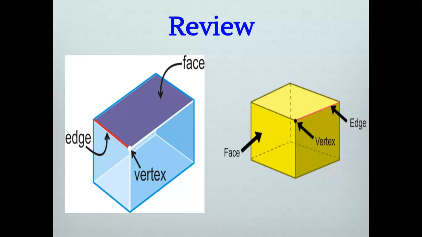So, just to review, faces are the flat surfaces of a 3D shape. Edges are where the two faces meet. And a vertex is another word for corner, where two or more edges meet.